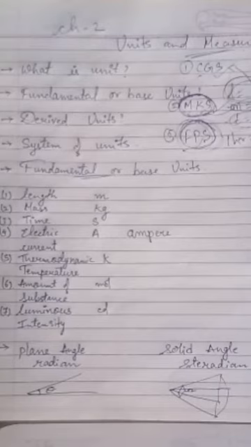In the next lecture we will have a detailed discussion of different types of units, mainly derived units. In this lecture I am just taking only fundamental units, and I will take only one or two derived units, but in the next lecture we will discuss it in detail and how you will be able to make the dimensional formula of different physical quantities.